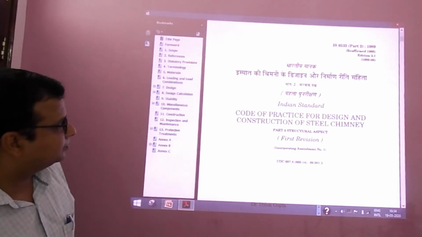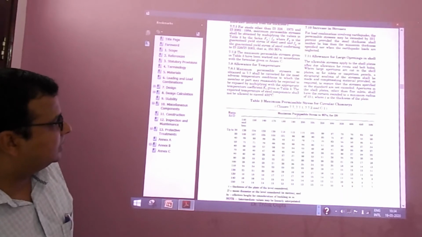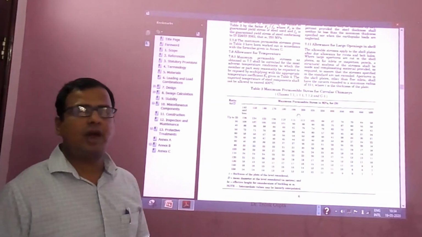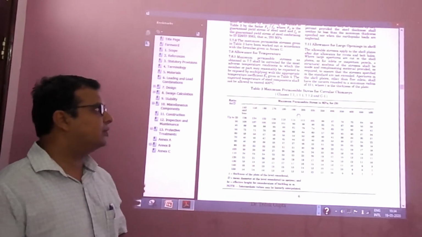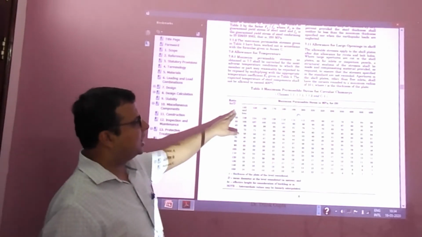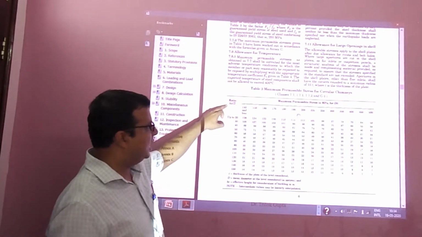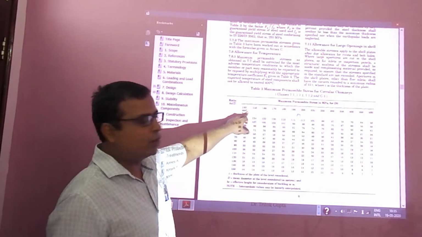So this is table 3 of IS 6533, that is the maximum permissible stresses for the circular chimney, that is based on our ratio HE upon D as well as this D upon T ratio.